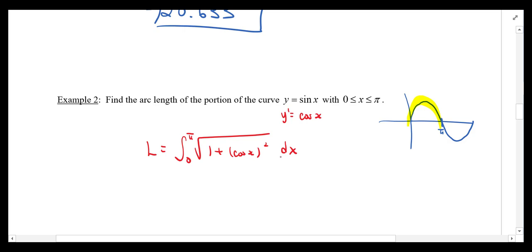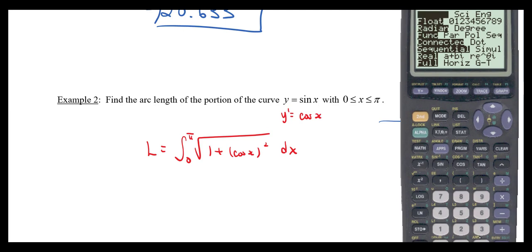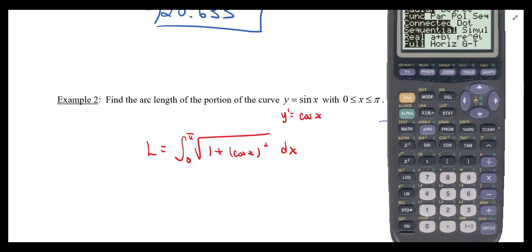And once again, you cannot do this by hand either. So just go ahead and use your graphing calculator. Make sure, because you're using trig, that you are in radian mode. Thank you very much. And then we can go and calculate it now.